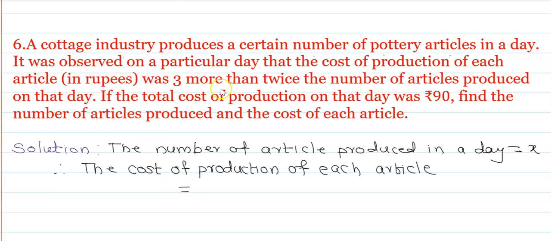It's 3 more than twice the number of articles. Therefore, it is 2x plus 3.